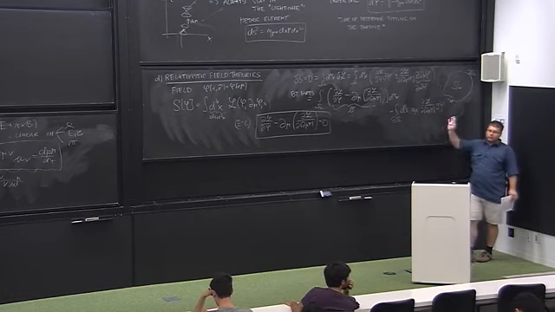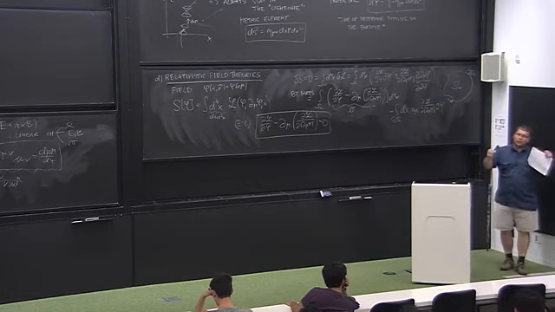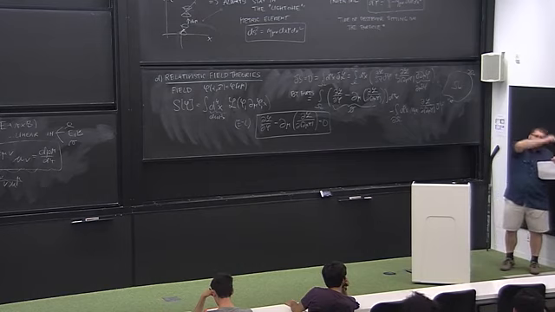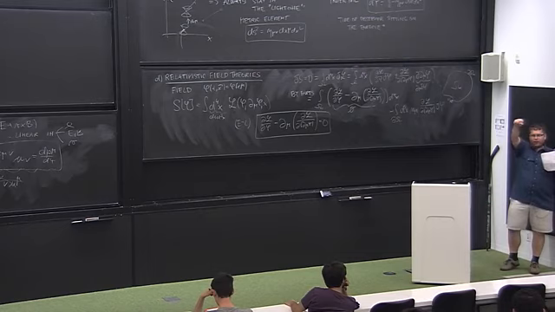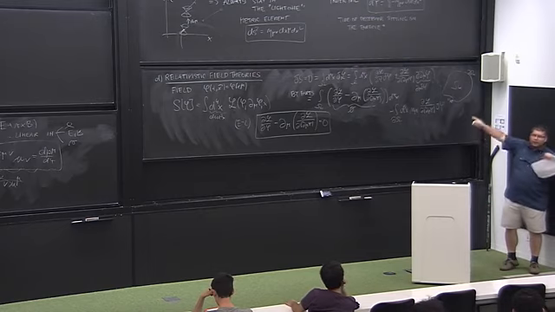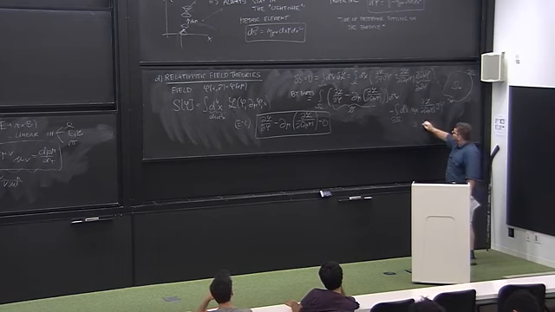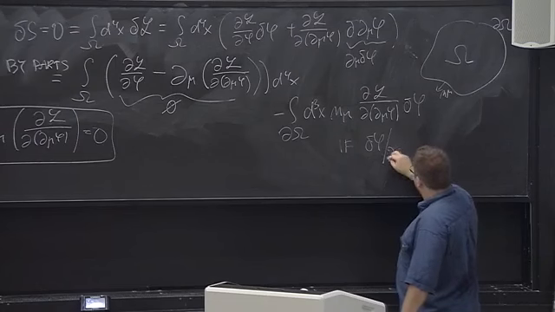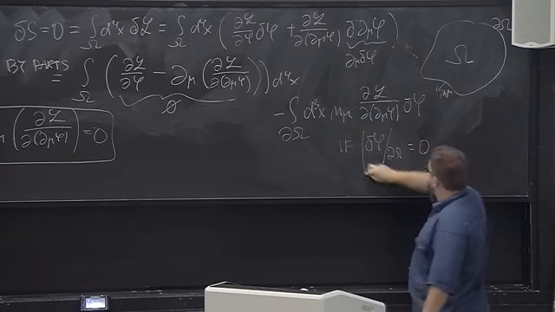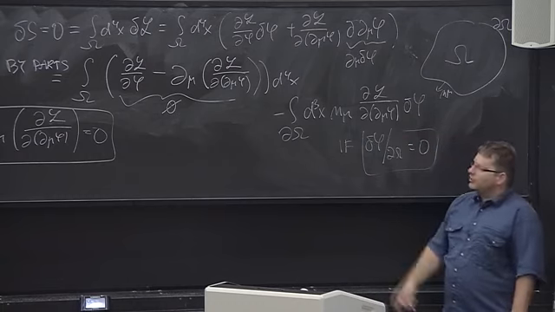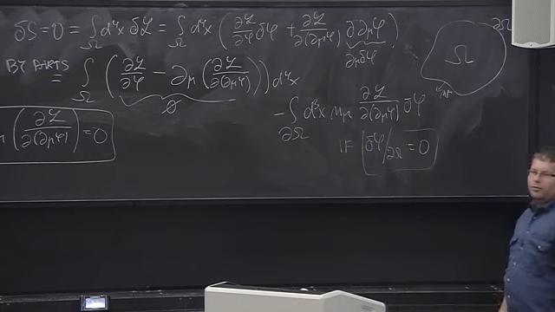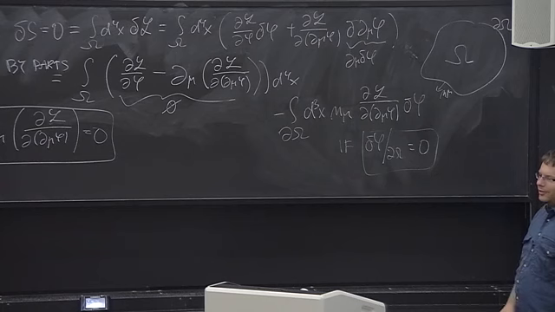It's precisely what we are doing, fixing the endpoints. Now our endpoints are actually boundary, but so I'm fixing my φ variations on the boundary. So I'm fixing φ on the boundary and asking what's happening inside. So if δφ on the boundary equals 0, then this term vanishes, and I have 0 variation of the action.